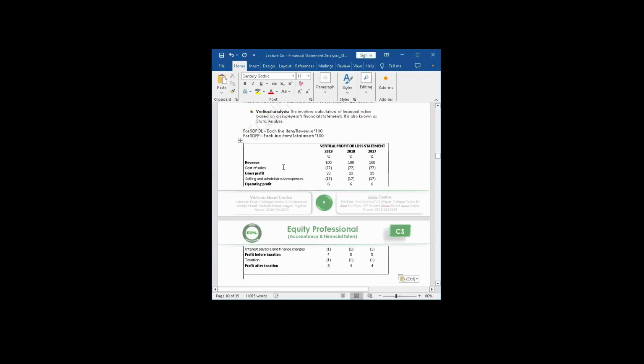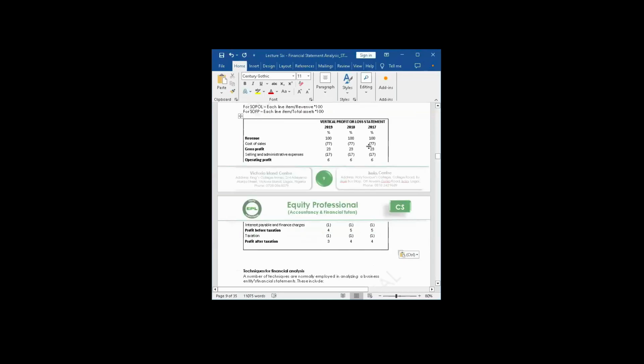Okay. So all the time you always see revenue to be 100%, right? Revenue will always be 100%. And you can see that we have converted the cost of sales as a percentage of revenue, and we have 77%.